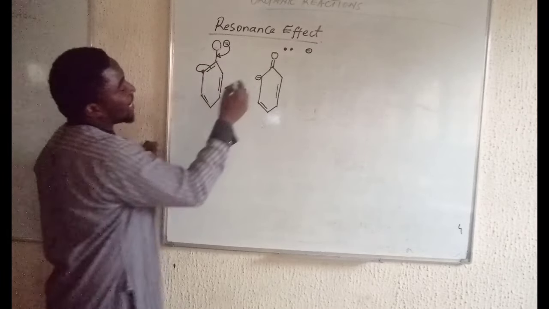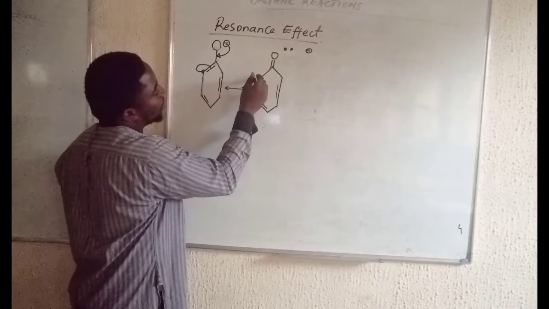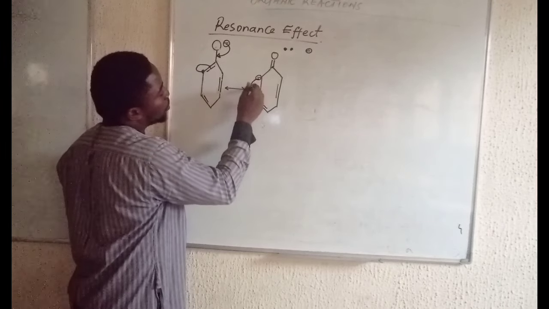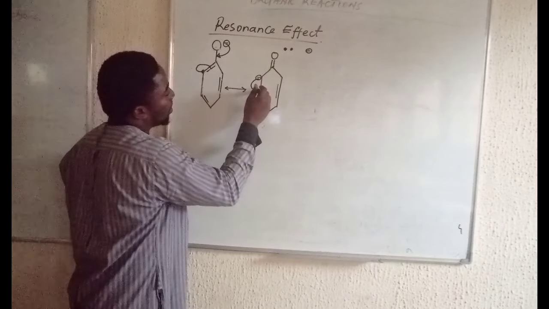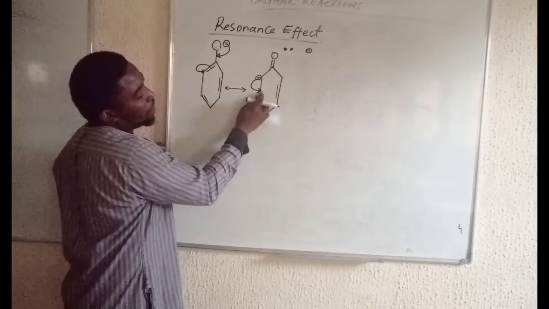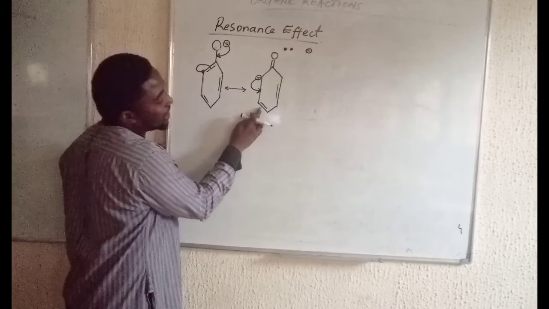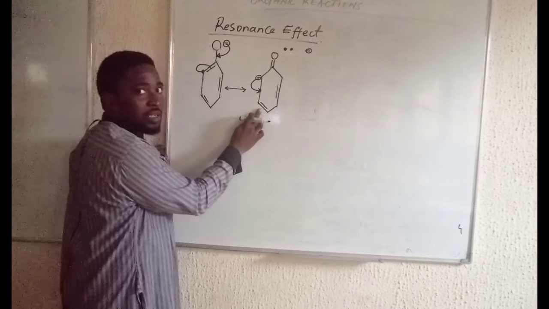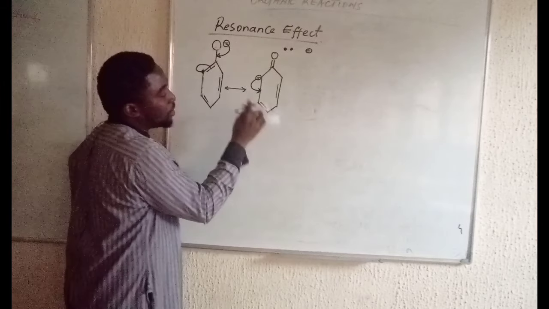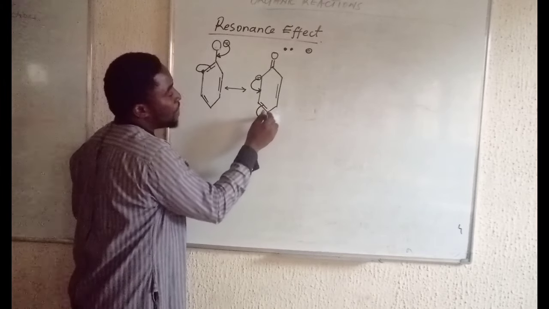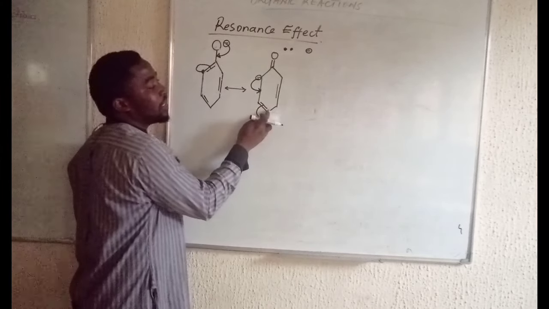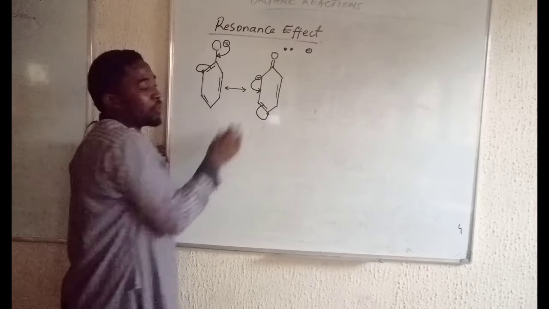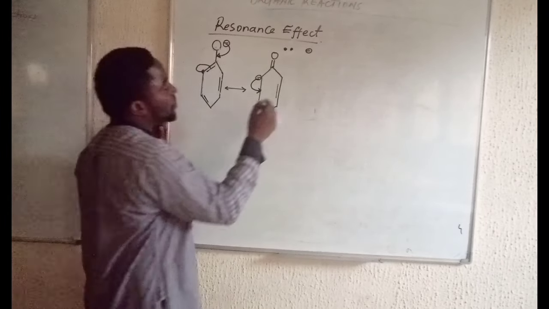So first, the negative charge is going to drift from here to form a double bond at this point, causing the pi electron here to shift, and that is the delocalization we're talking about. So this pi electron is going to come to this place to make this carbon atom here acquire a negative charge.